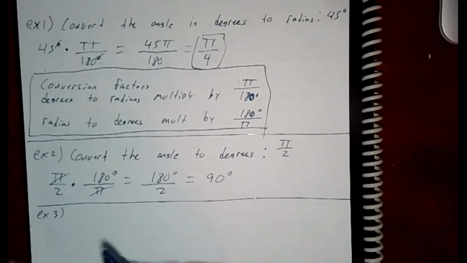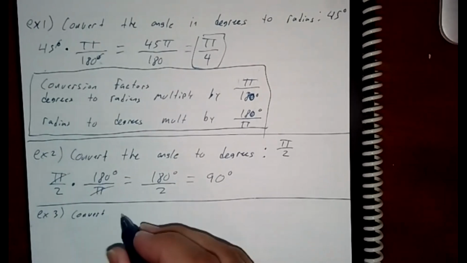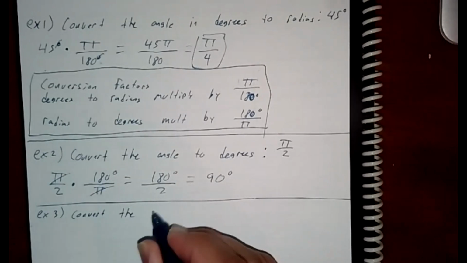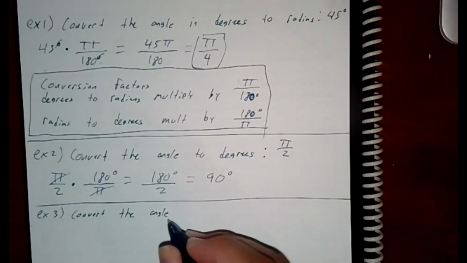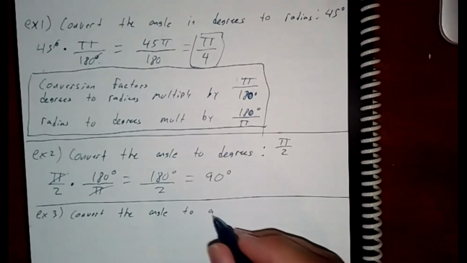Okay. So now let's do converting from degrees, minutes, and seconds to just degrees. This one's a little weird. You'll have a few of these in there. Convert the angle to a decimal.